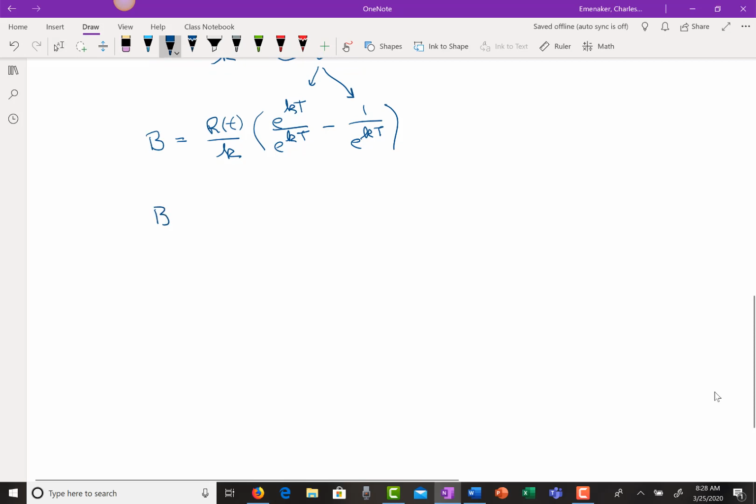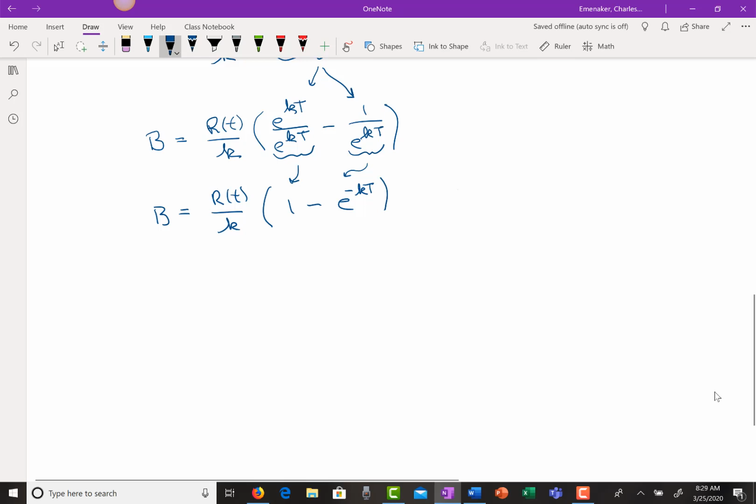And what we wind up with is our balance is equal to our revenue stream divided by K times 1 minus, we could continue to write this term as 1 over e to the KT, or we can take advantage of the negative in the exponent and write it like that.